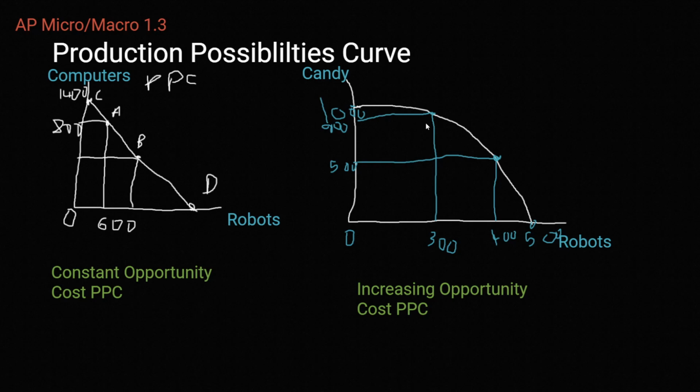But as we switch more and more people over to the robot factory, we're moving some of the people who aren't as good at making robots and who are good at making candy. And so this is making less and less candy.